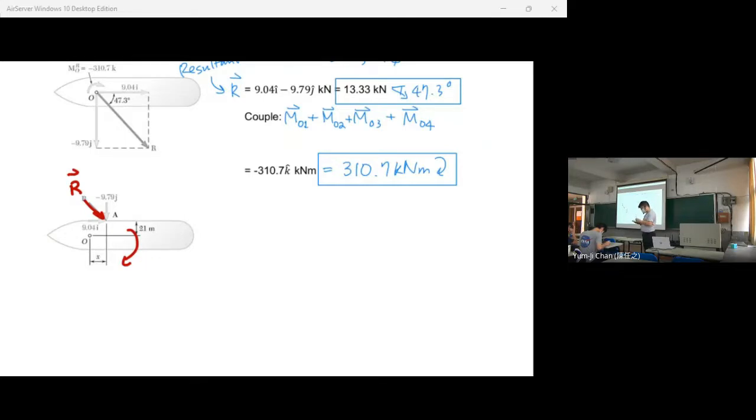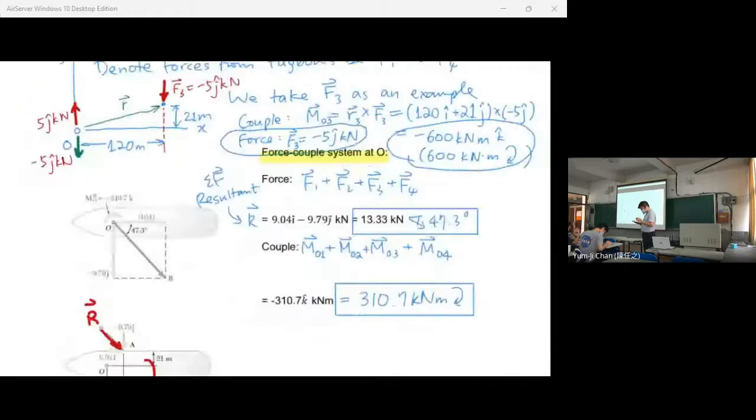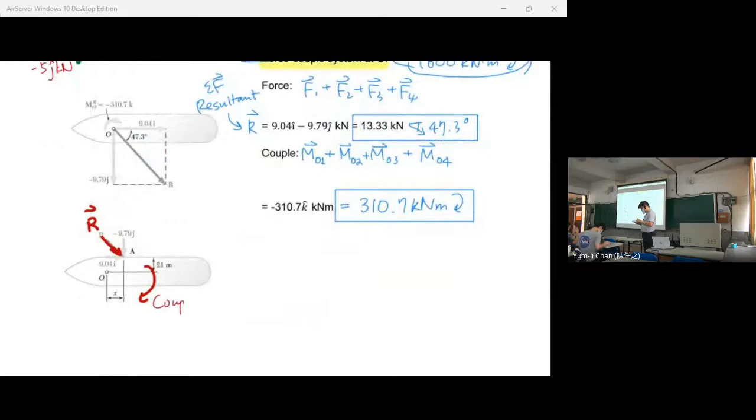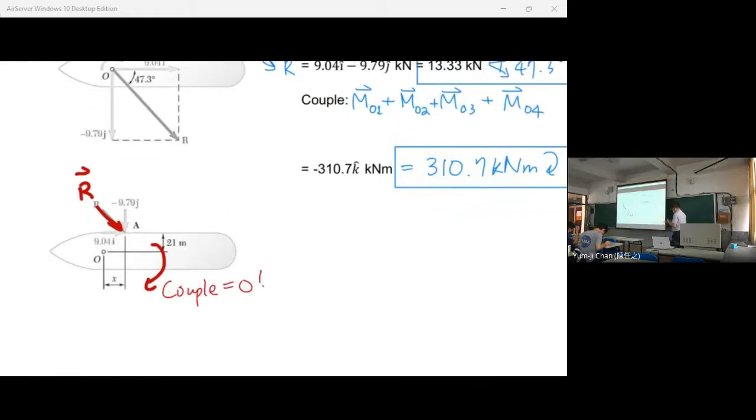For those who have just come, we are on page 34. Of course, at the moment we don't know what x is. We need to determine x, and whether there is one point where the couple is equal to 0.